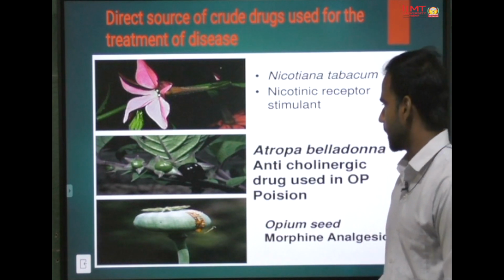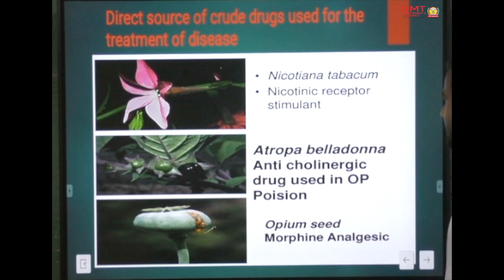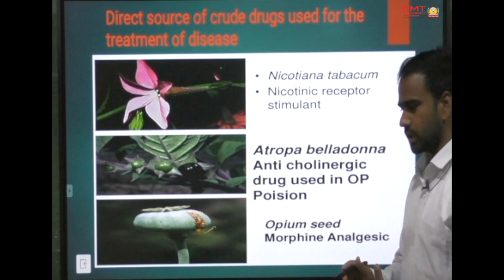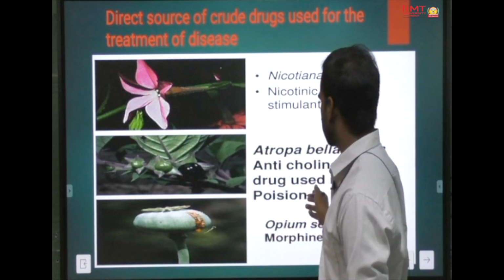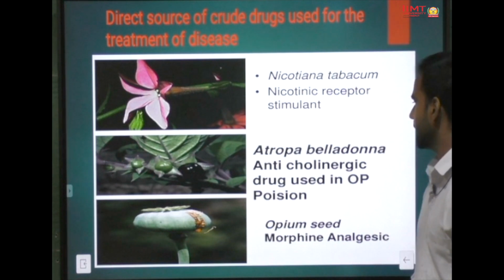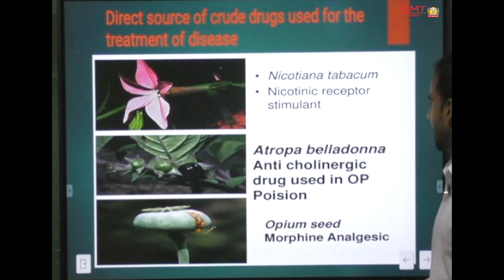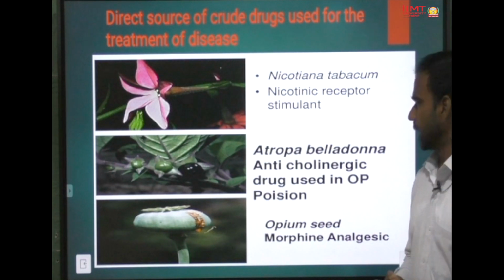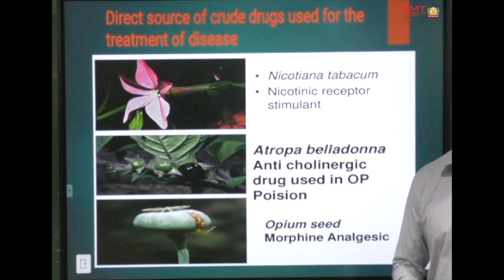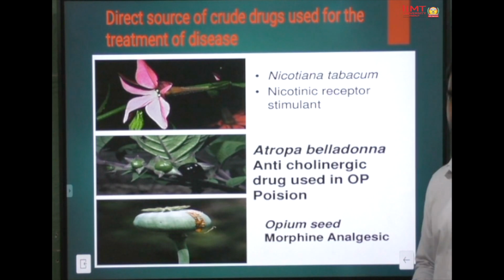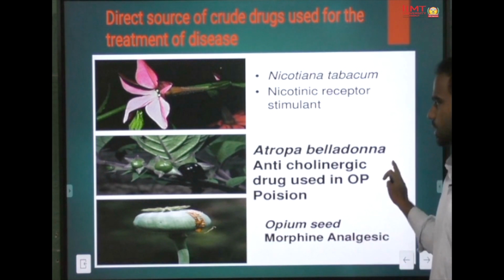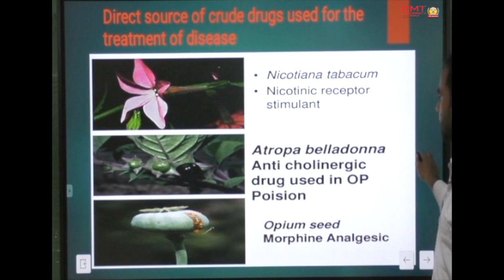The second example of a plant-derived drug is Atropa belladonna, also a common example. You can see this plant in your surroundings. It is used for its anticholinergic actions, and also as a poison for determination of several pathophysiological states in the human body. The third point is opium seeds, Papaver somniferum, where morphine is a common example used for several pathophysiological states.